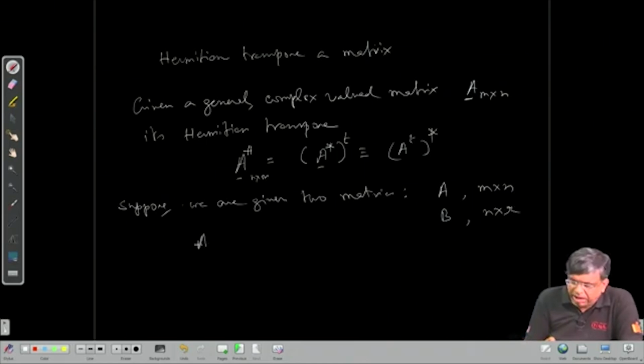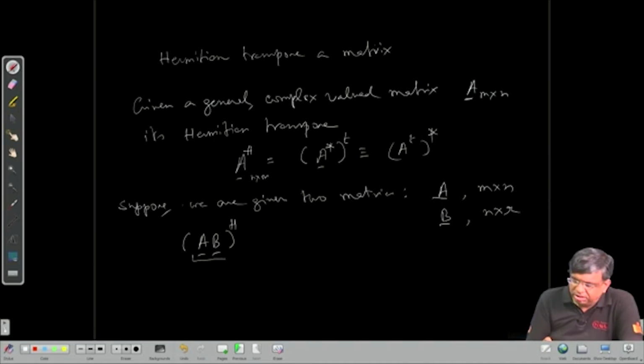So, if I do AB, m cross n times n cross r, the resulting matrix is m cross r. If on that matrix I apply H, after this H it will be r cross m, fine, but what will it be? We have to say this.